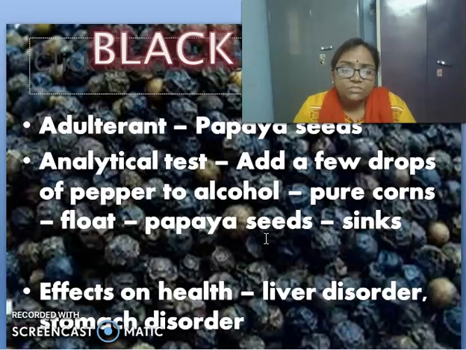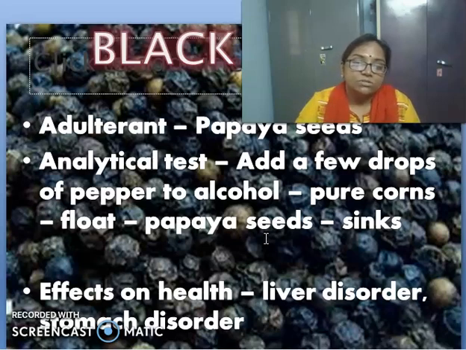That means the pure pepper floats on the alcoholic layer, whereas the papaya seeds never float on the alcoholic layer. They immediately go down. That means it sinks into the alcohol. When we consume this kind of black pepper, that leads to health disorders like liver disorder and stomach disorder and so on.